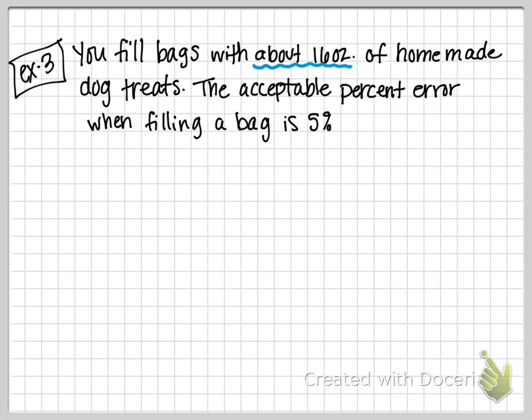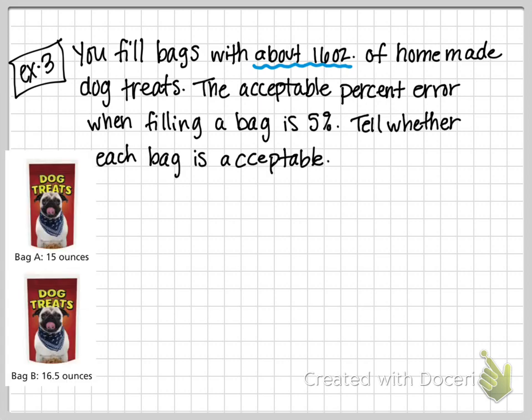The acceptable percent error when filling a bag is 5%. So as long as you're within 5% of that 16 ounces, you are okay. Like the company could use those bags, or those can be sold, or whatever the parameters are. So it needs to be within 5%. Tell whether each bag is acceptable.